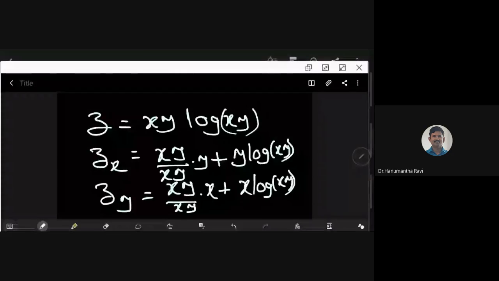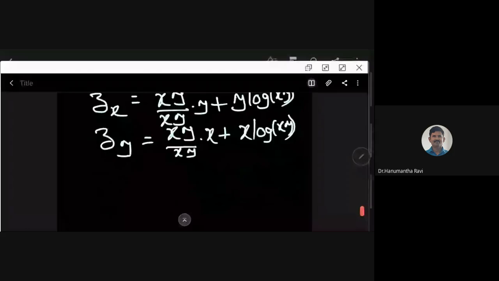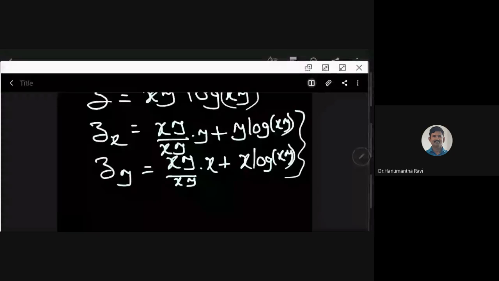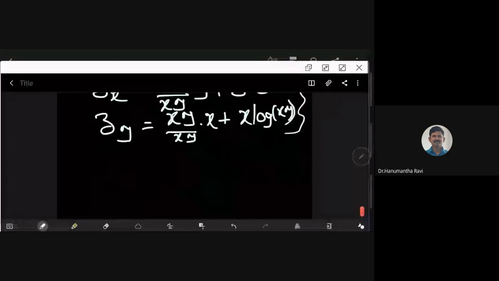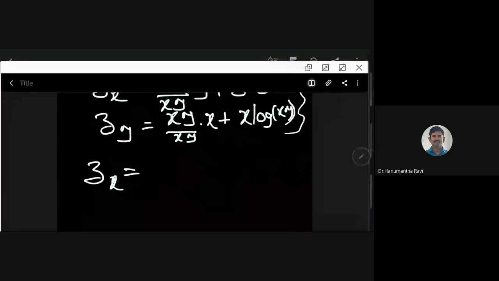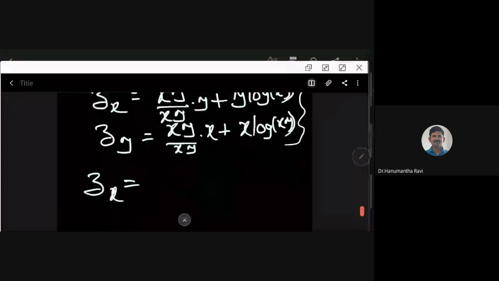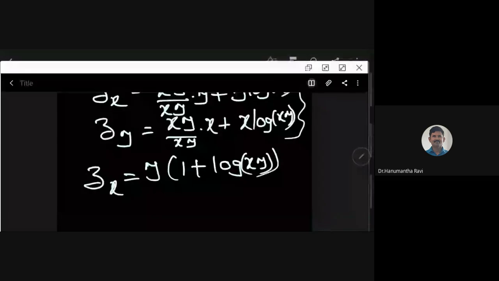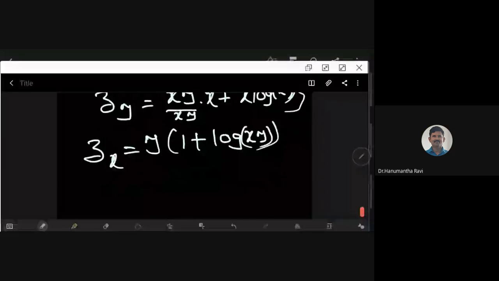So from these two things, we get zx is equal to y into 1 plus log xy, and zy is x into 1 plus log xy.